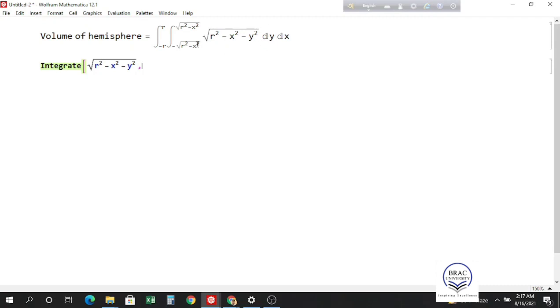So x goes from minus r to r, and y goes from negative square root of r squared minus x squared to positive square root of r squared minus x squared. Close the list and close the square bracket.